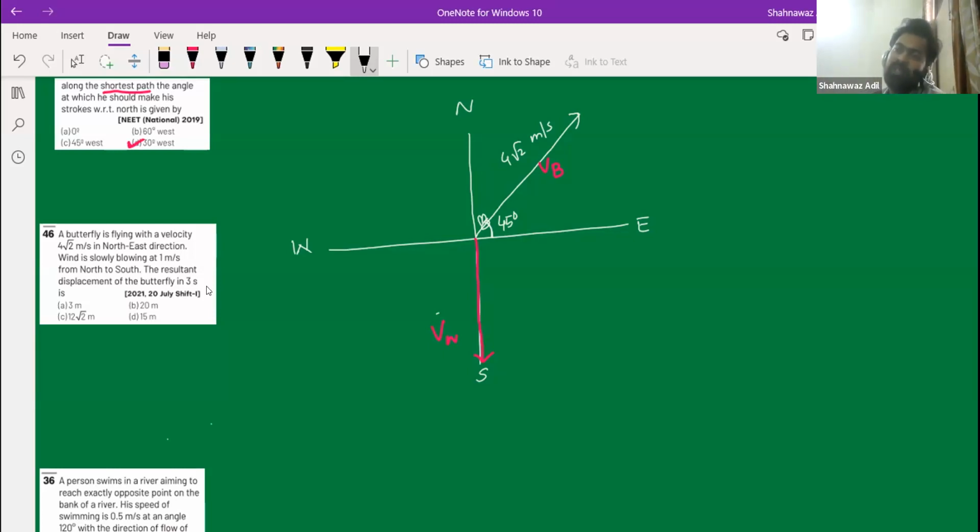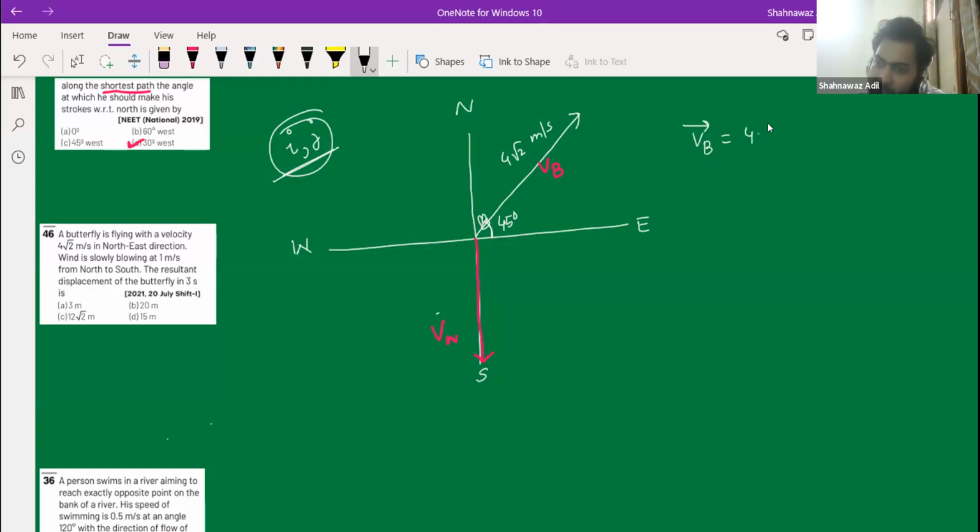Okay, let me give you a hint. Whenever we have confusion, we can write the velocity in i j form. This would help us a lot. The velocity of the butterfly has magnitude 4 root 2 and angle 45 degrees.